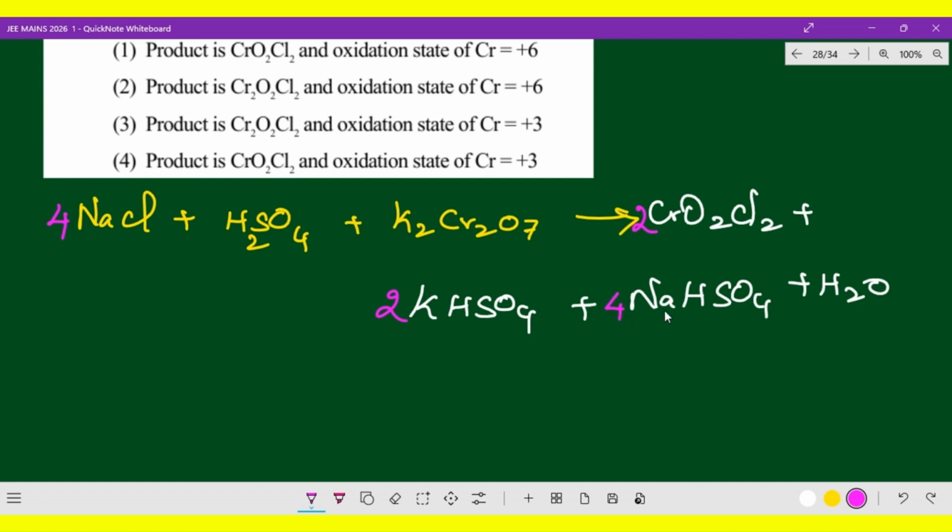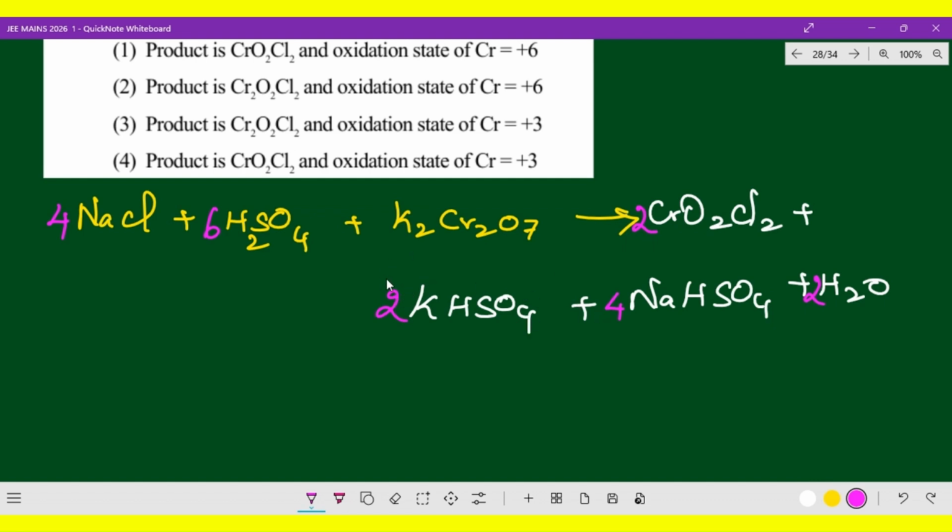Now hydrogen, so 4 plus, and here oxygen. If we put 2 here, 4 plus 4, 8, 9, 10, 11, 12. So 6 times 2 is 12. Now oxygen, how much is it? 4, here 4 for 8.